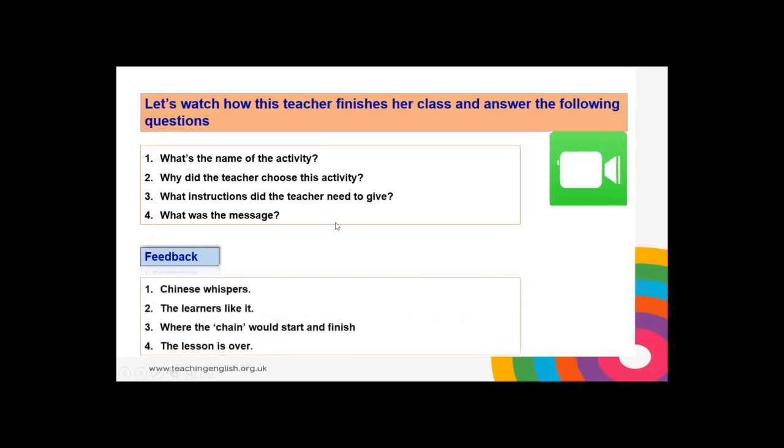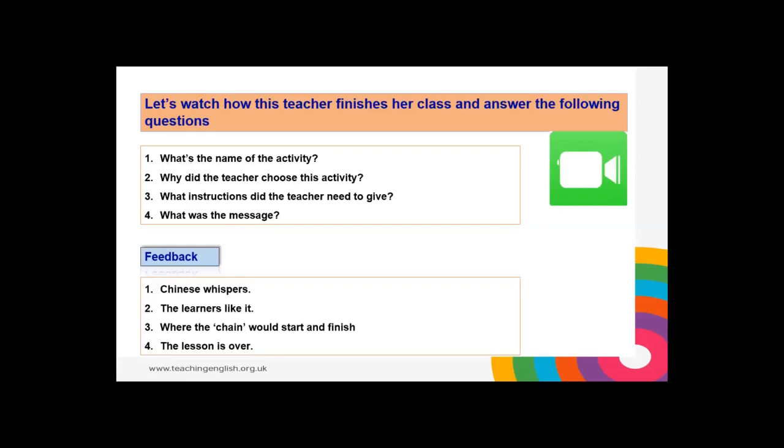Why did the teacher choose this activity? How did you find the children? Are they happy or sad for this activity? They are happy. Yes, so she chose the activity because the learners like it.